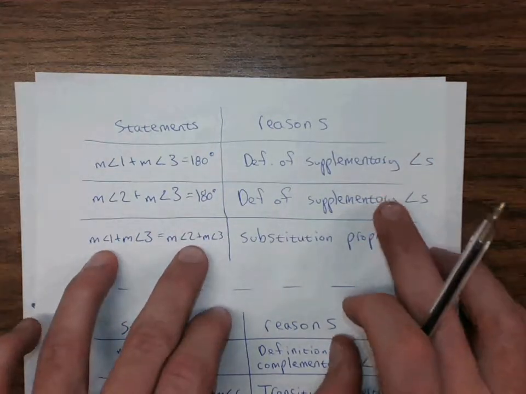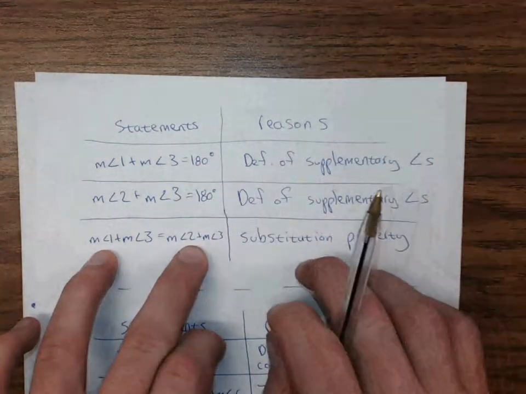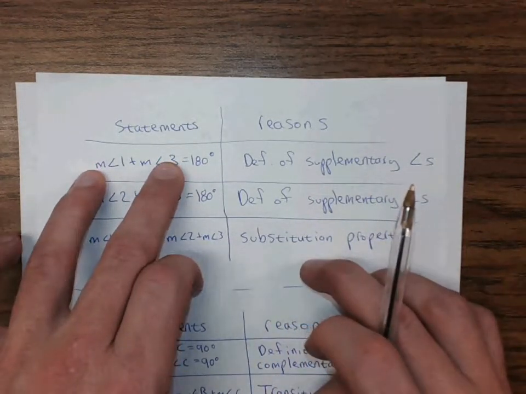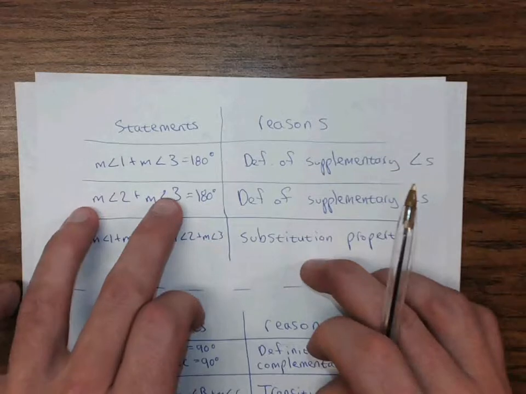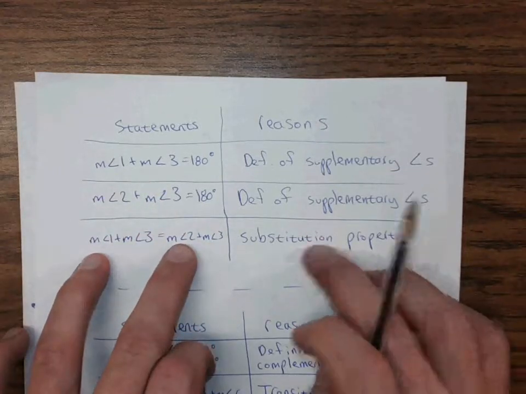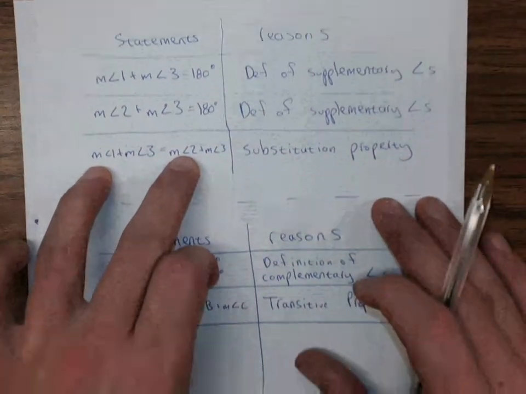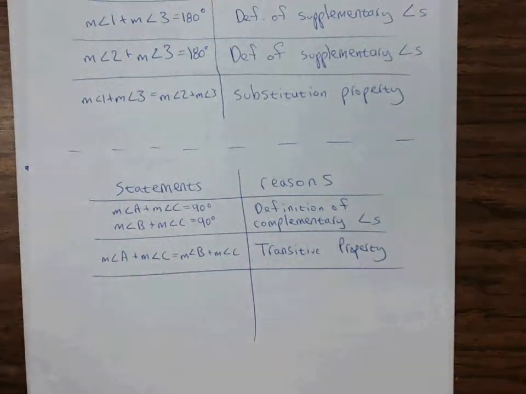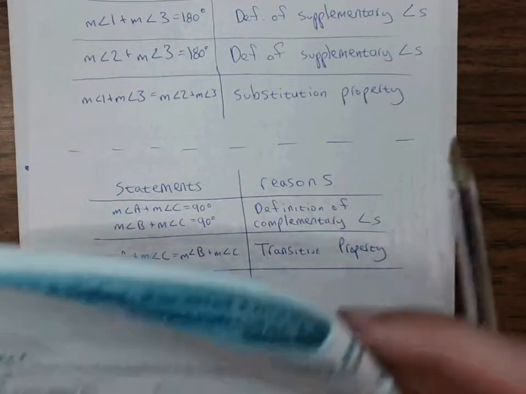So in order to set these two things equal to each other, we must substitute the thing from statement 1 and the thing in statement 2 in order to make statement 3. This is slightly different than the proof we had on complementary congruent, or the congruent complements theorem.